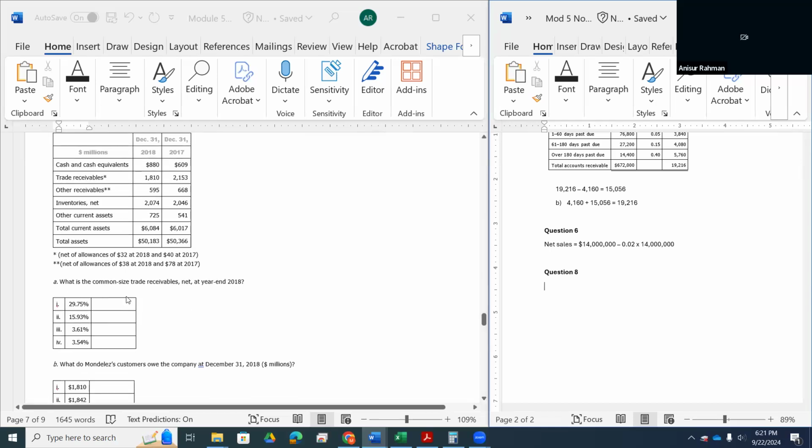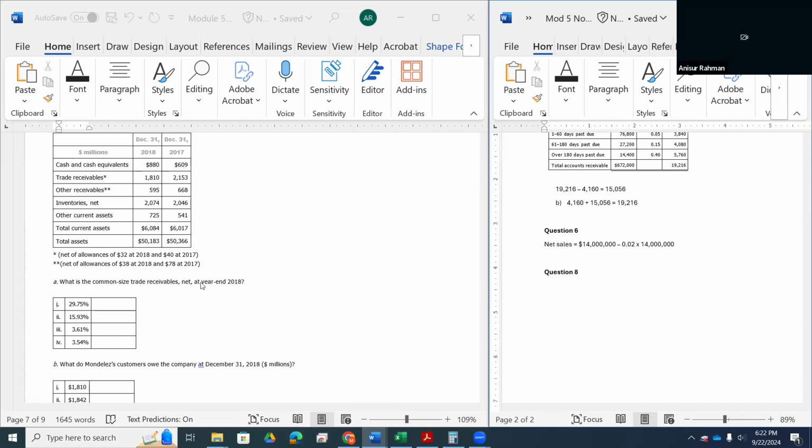First question, what is the common size trade receivables? Net. Trade receivables net. So we are talking about this amount at year end. Common size means we have to divide this trade receivables net by the respective number.